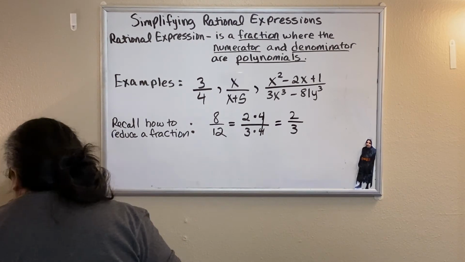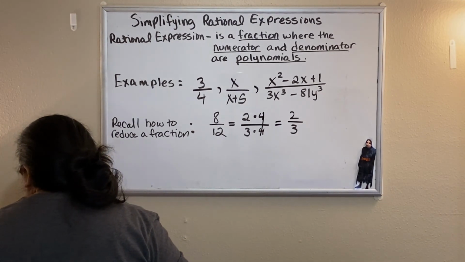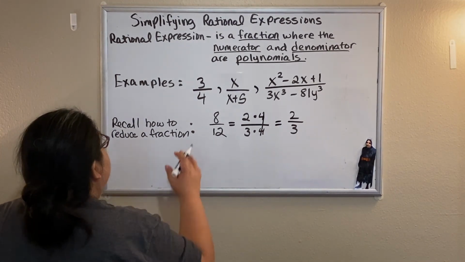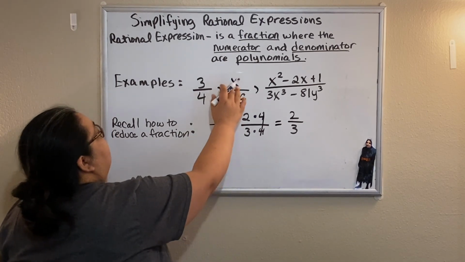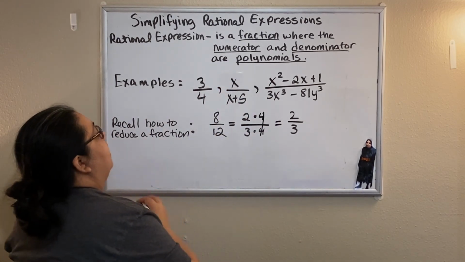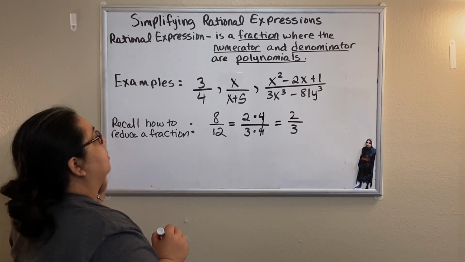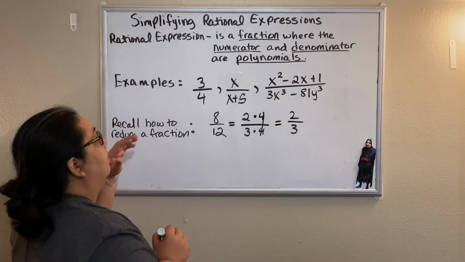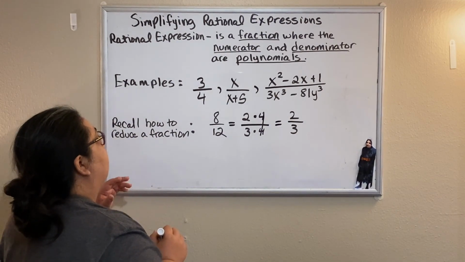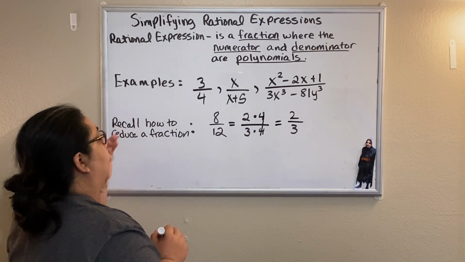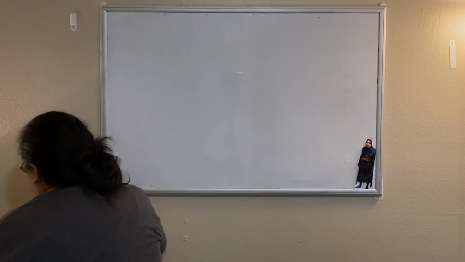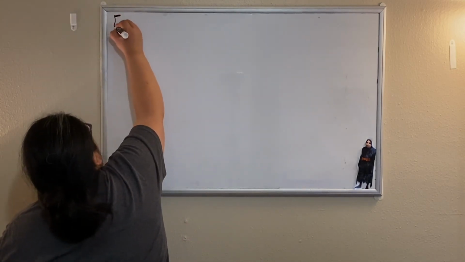Well, what about doing this with a polynomial number that has variables? So in example 1, I'm going to show you how to reduce a fraction that has variables as part of their polynomial component. Okay, so we're going to look at example 1.